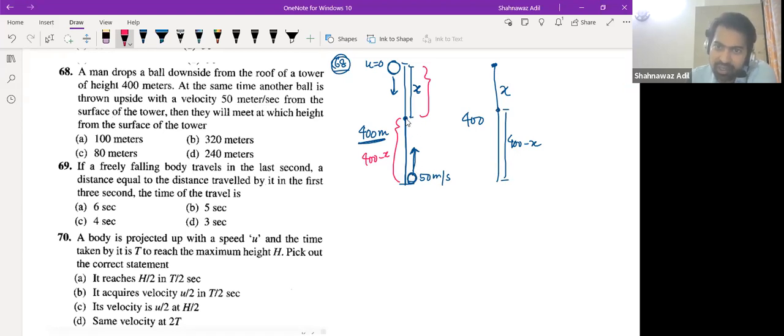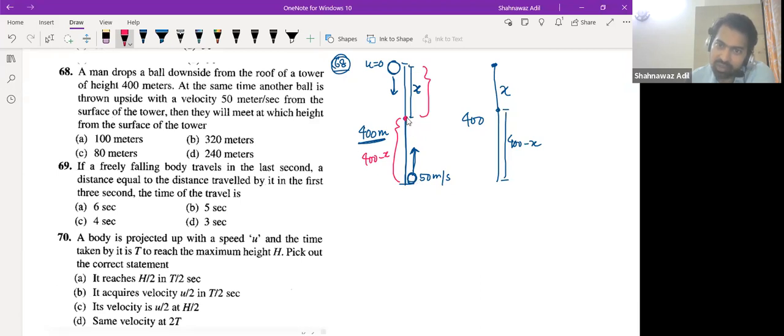At this point, what would be the same? The velocity for this one is decreasing, for this one velocity is increasing, right? So let's say this takes t time to reach here. The same time it will take to reach here.